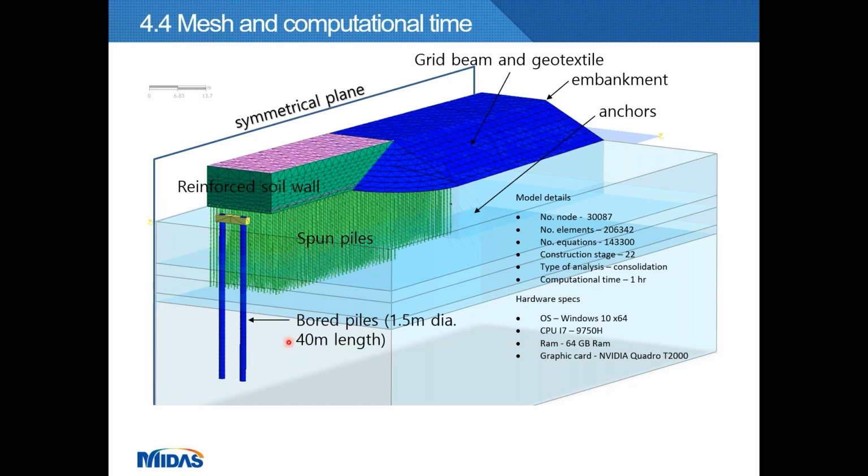In front of the spun piles, there are bored piles. The diameter of the bored piles is 1.5 meters and the length is 40 meters. There are anchors behind the grid beams, and this is the embankment. Below the embankment, there are PVD, and the grid beams and the geotextile are embedded in the embankment.